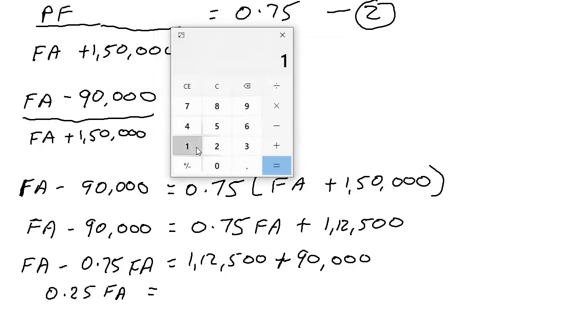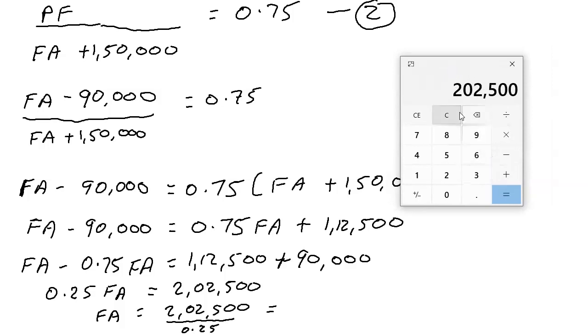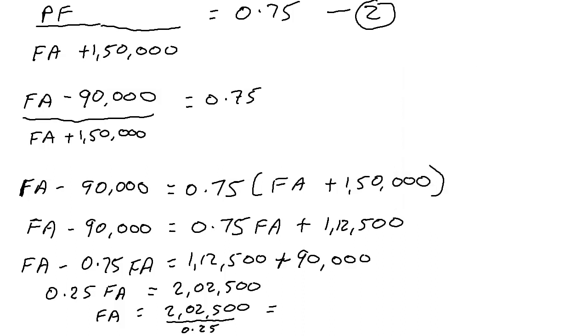Okay, so 1,12,500 plus 90,000 is 2,02,500. Fixed assets therefore is equal to 2,02,500 upon 0.25, which is equal to, let's see, 8,10,000.